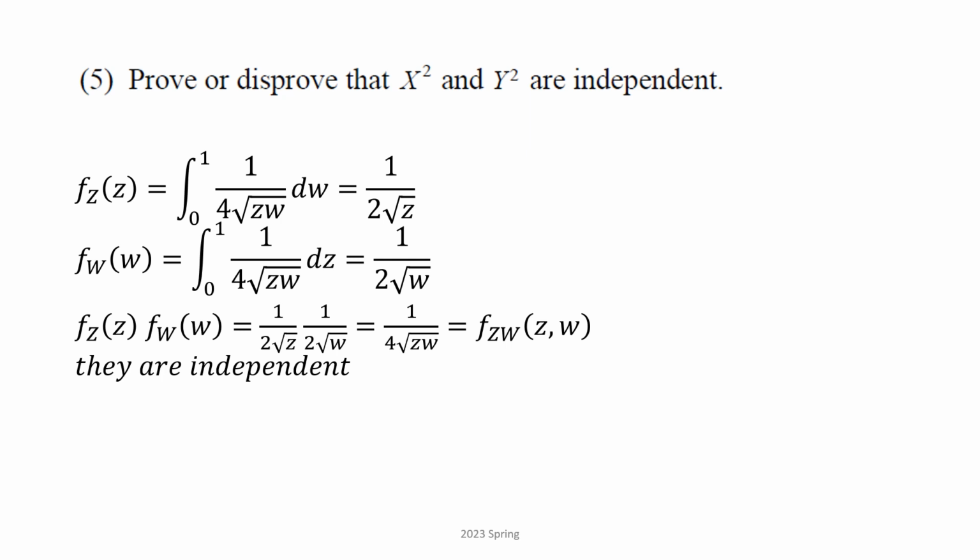Similarly, f_W equals 1/(2 times the square root of w), and f_Z times f_W equals f_ZW. So they are independent.